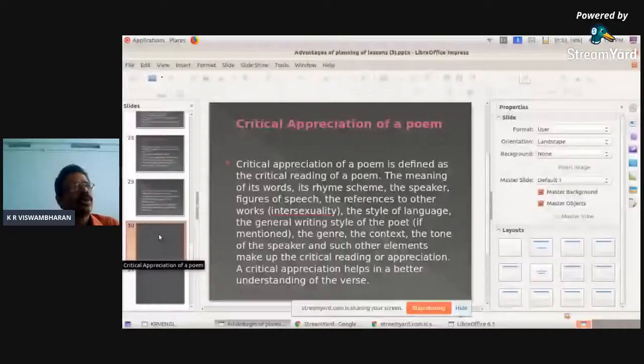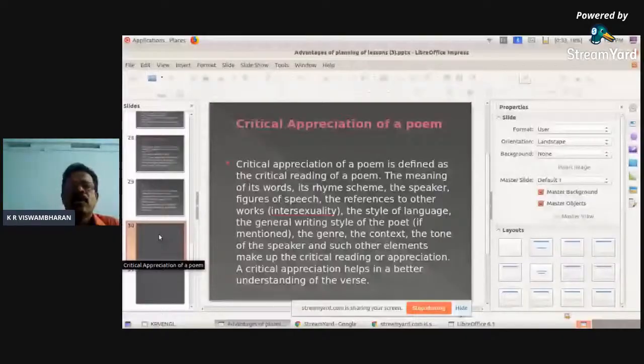And with that, a critical appreciation results in a better understanding of the poem. Both help in a better understanding of the poem. Otherwise you cannot appreciate it.